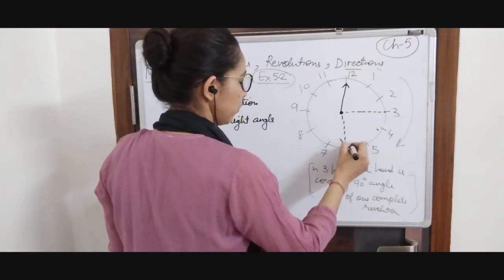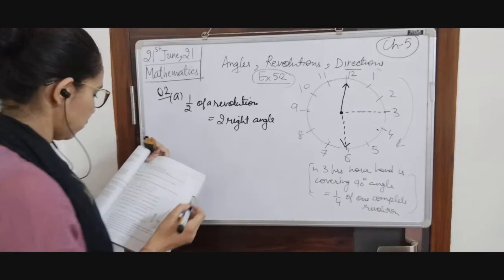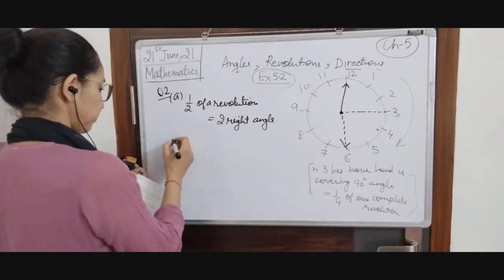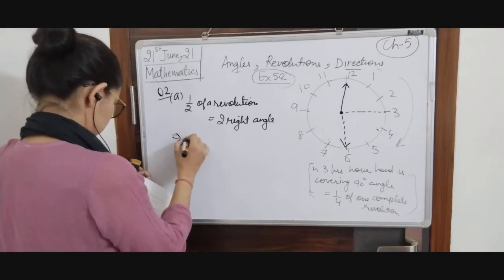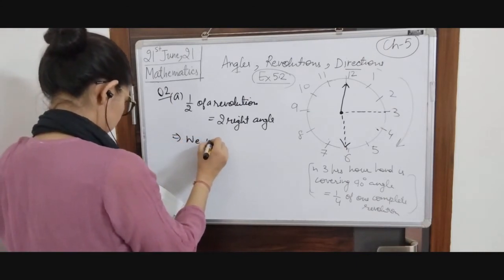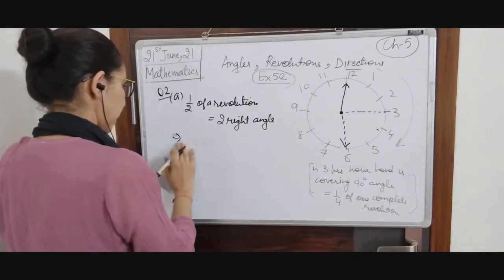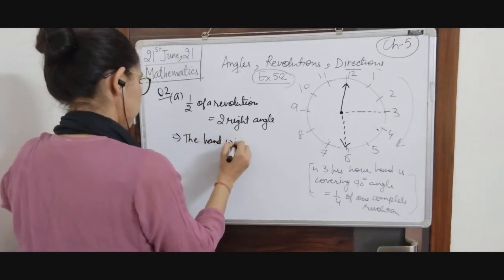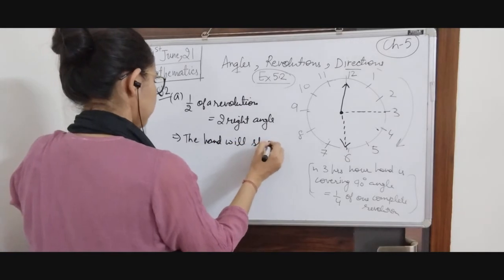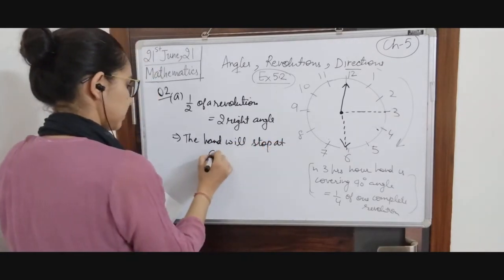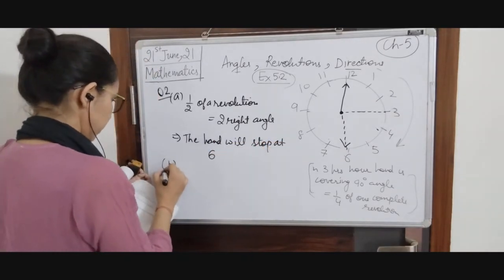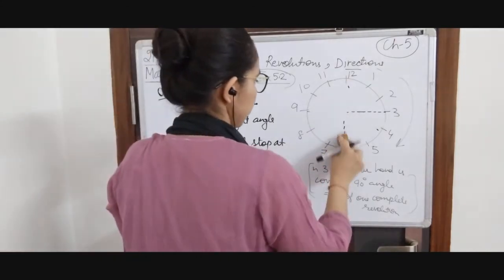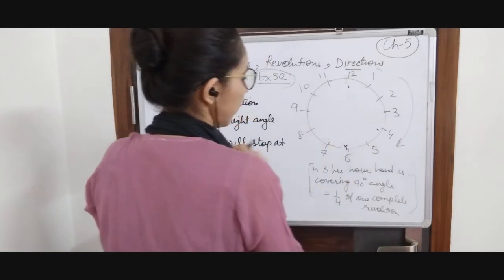So we are going to reach at 6, going clockwise. That implies the hand will stop at 6.